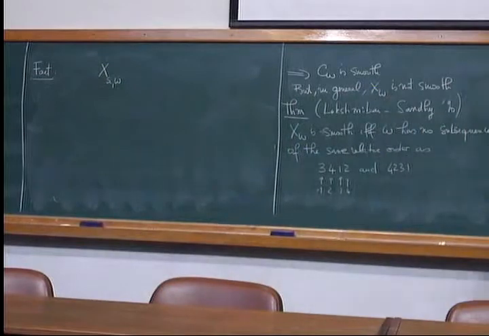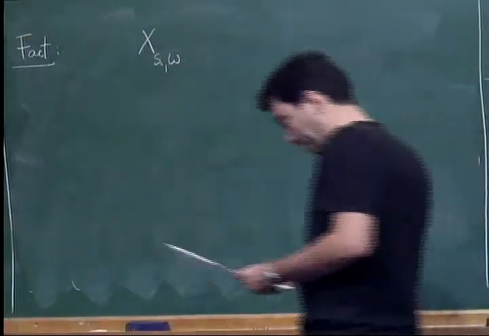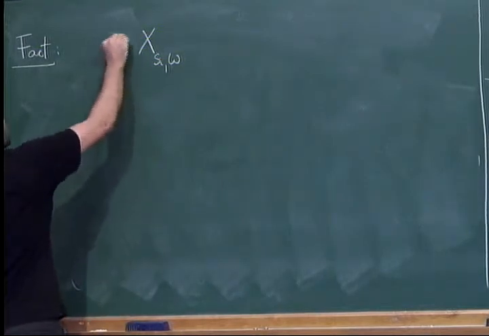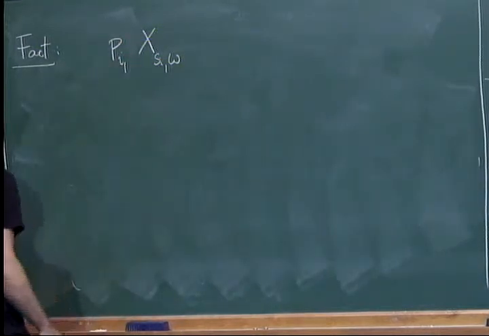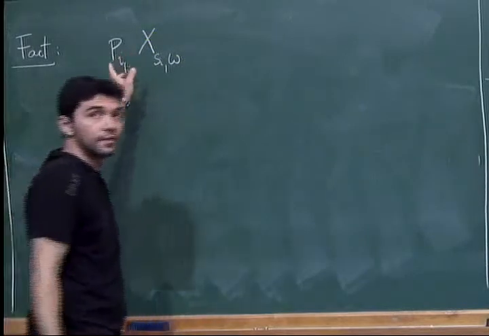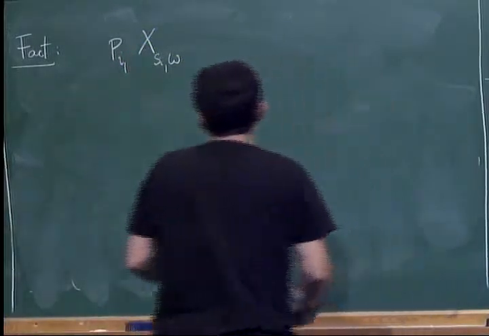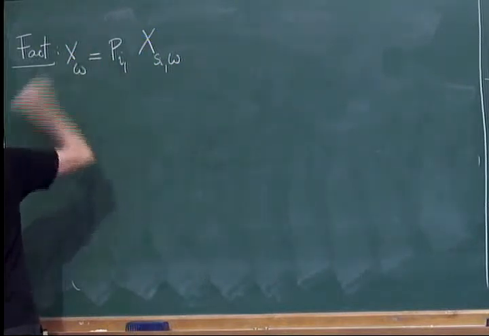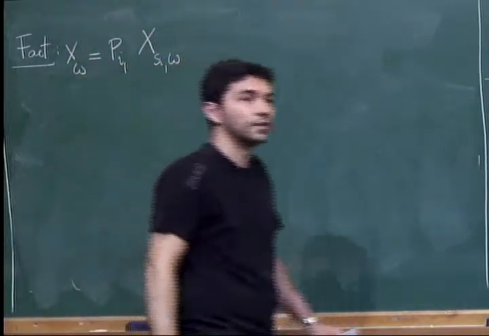This one has length of s_{i1} w less than the length of w. You look at the P orbit of this one, and what you get is exactly the Schubert variety of w.